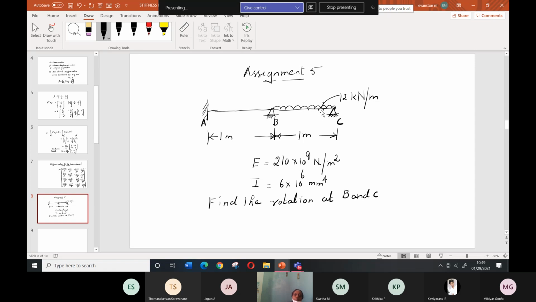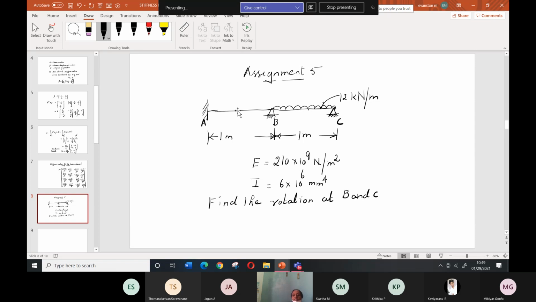Suppose I ask you to find out the rotation in between, let us take this point as A1. Then that point you have to consider as one node. So wherever you want to find out the displacement, you have to introduce one node. Since I have asked the rotation at the end, you need not introduce any node.